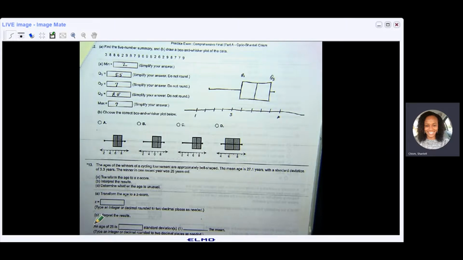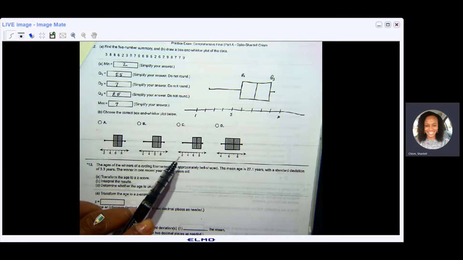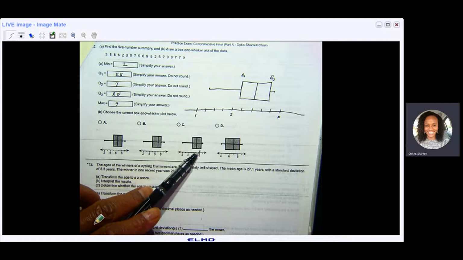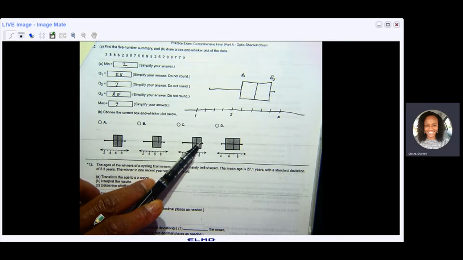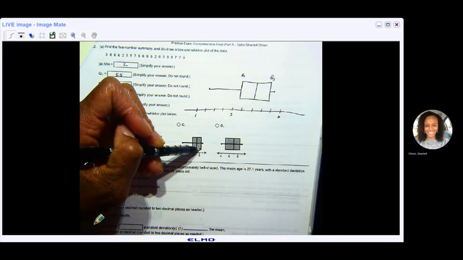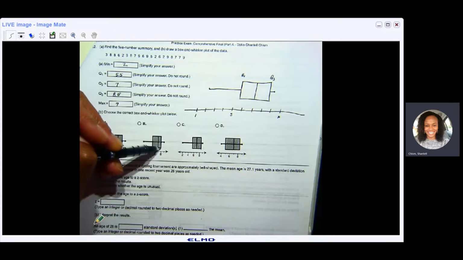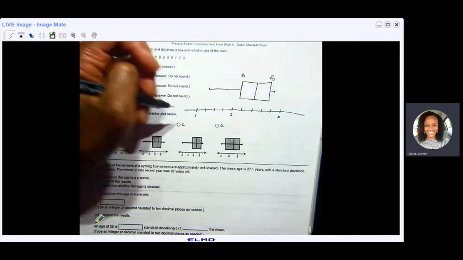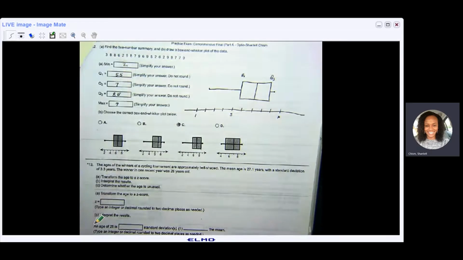It looks like B and C are pretty much the ones I'm determining between, I think, because it goes from 2 to 9. You've got your Q3 value at 8.5, which is right between 8 and 9, whereas that one has it at 8. And that one has it at 8 also. So it has to be C. Has to be C. Okay.